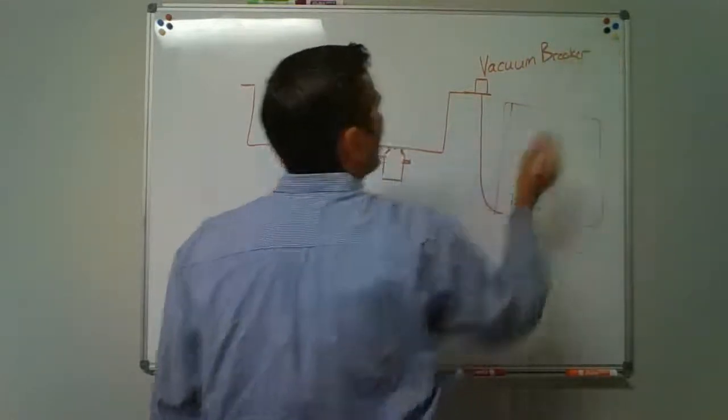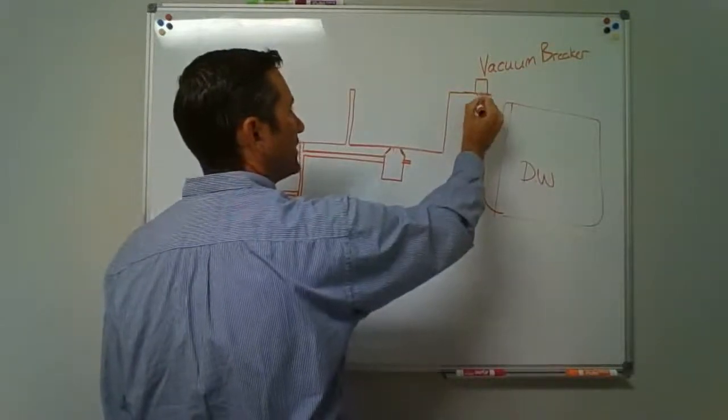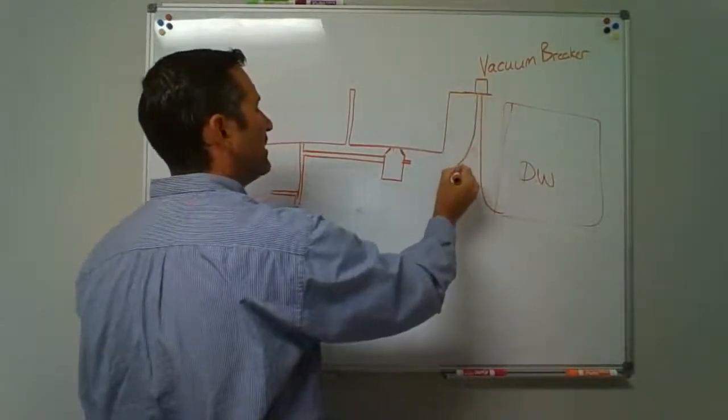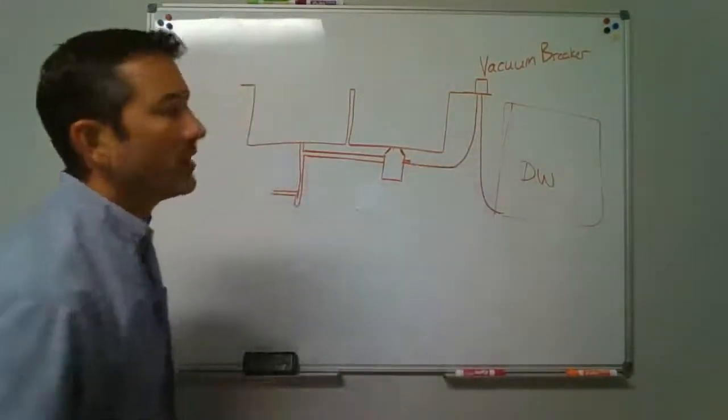Okay. So you got a vacuum breaker up there. It goes through the vacuum breaker, and can go down and then hook in. Okay. So that was one option.